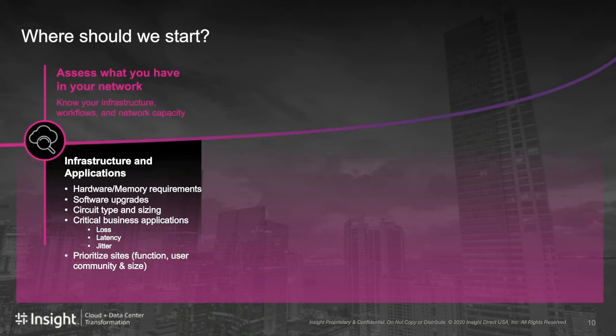When we start talking about circuit type and sizing, with SD-WAN, it really is agnostic. I mean, you can pretty much use everything, whether that's LTE, satellite, T1/E1s, Metro Ethernet, MPLS. You basically bring your own connectivity. But at the same time, there's about 60 SD-WAN providers out there, right?